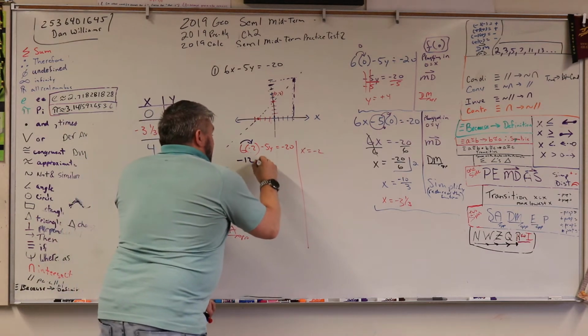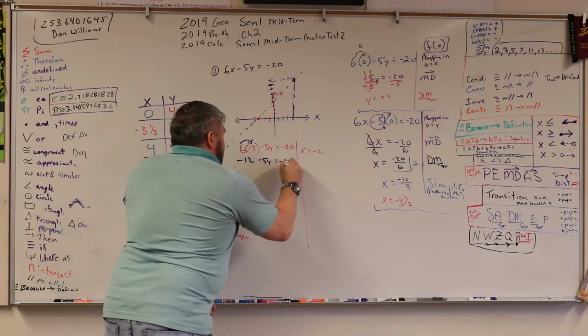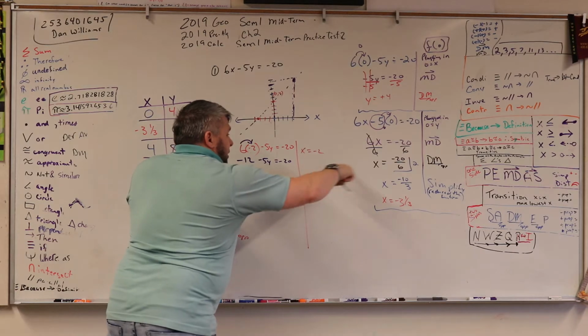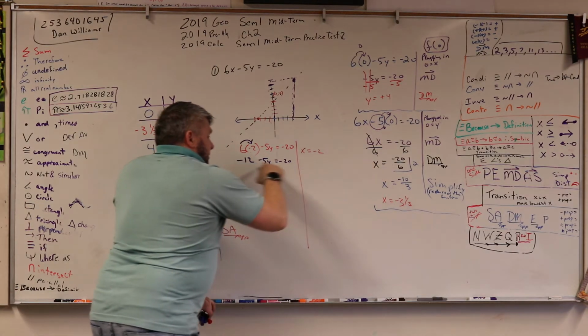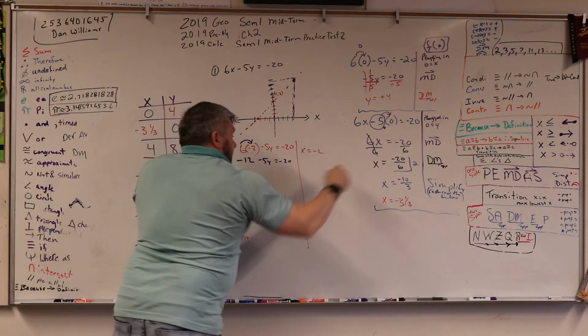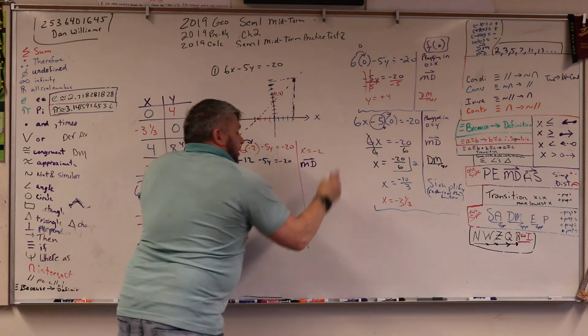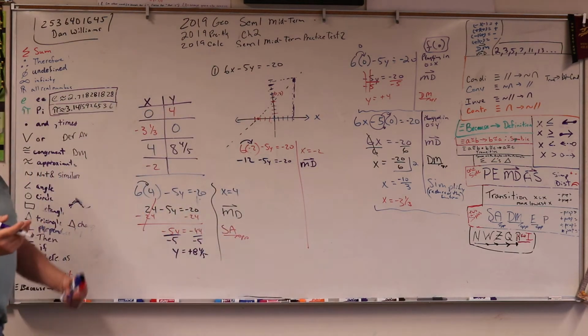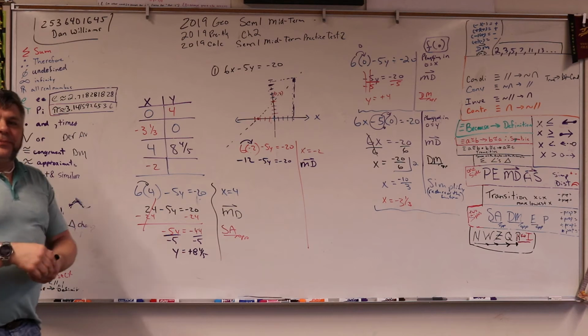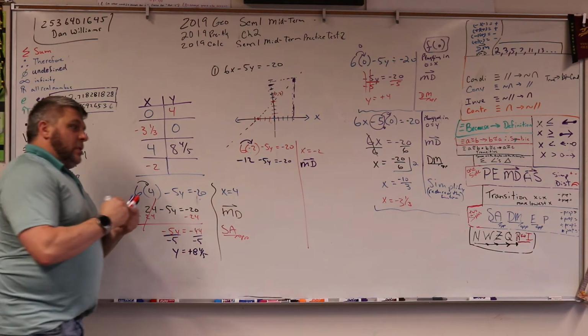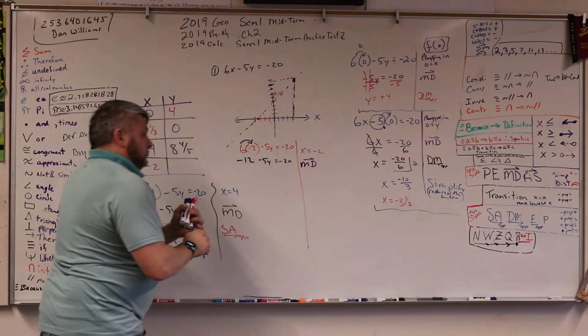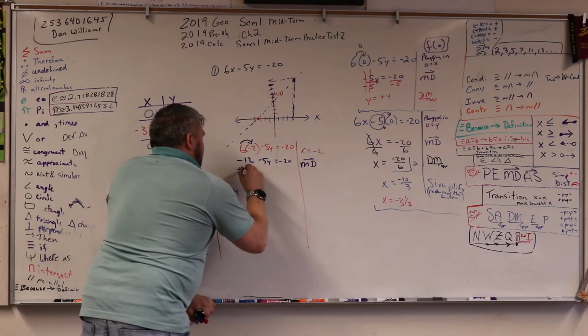Alright. Minus 5y equals -20. What did we do? PEMDAS. Right? So MD. The arrow on top, right? Okay, then what? Add 12.